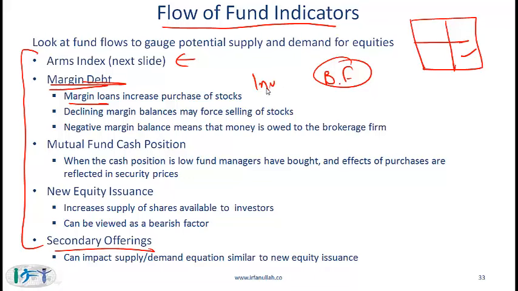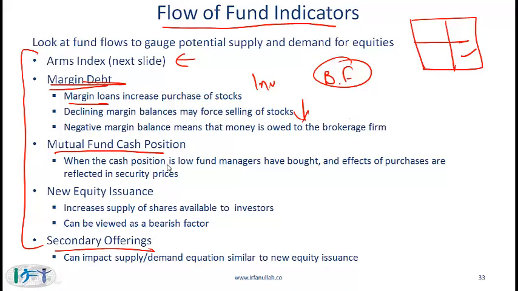So from an investor perspective, since he is borrowing, he owes money. Now the more he borrows, the margin balance goes down. And eventually, to pay off the loan, the investor will have to sell stocks. The way you can look at this is, if the investor is likely to sell stocks in the future, that means the prices are likely to come down.